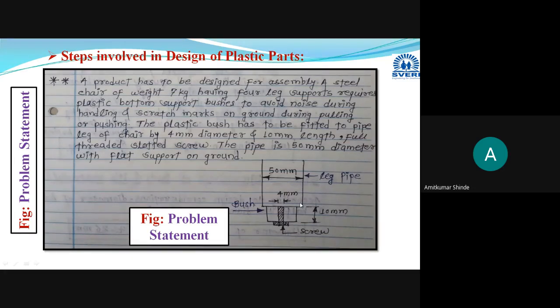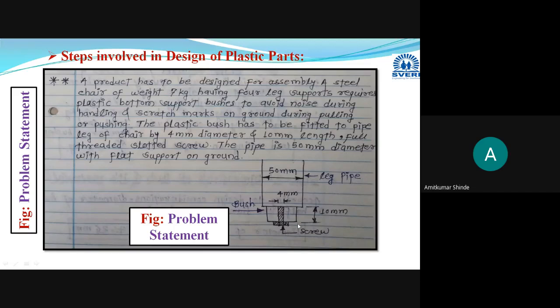They have provided the diameter of that leg pipe, 50 millimeter, and this is your bush, and this is the boss. You are going to attach this bush to the leg of that chair with the help of one screw, and they have provided the dimensions of this screw: 4 millimeter diameter and 10 millimeter length.